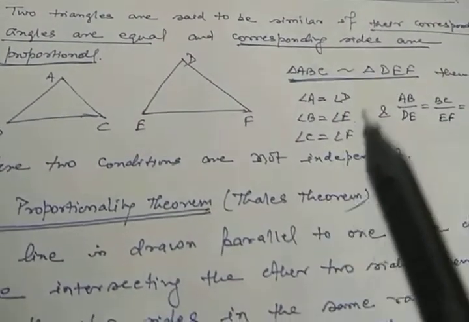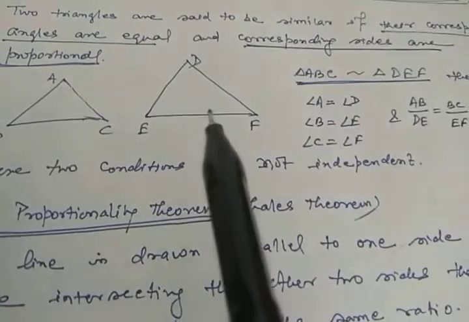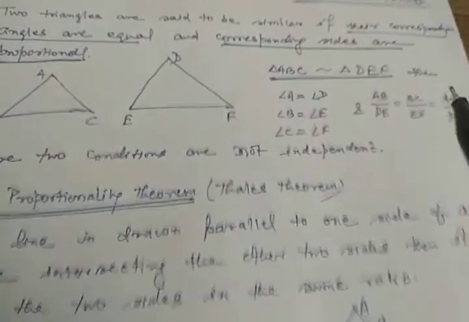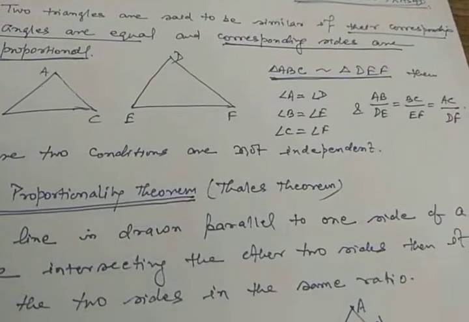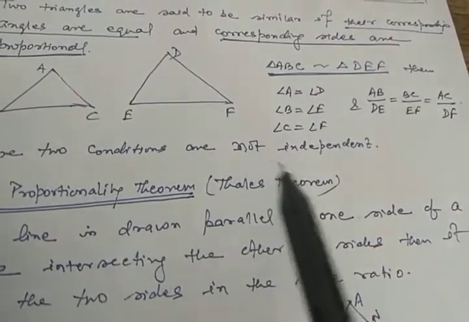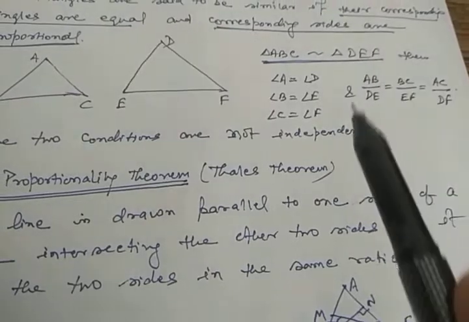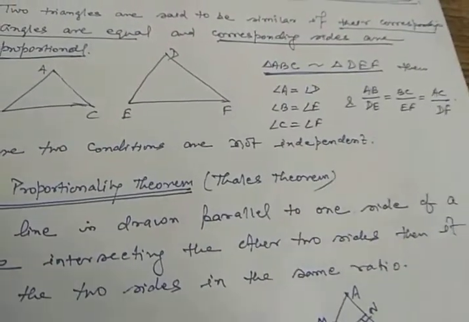If corresponding angles are equal, even then the triangle is similar. In other ways, if the sides are proportional, even then the triangle will be similar. We will learn later on. In case of similar triangles, we can prove that this is the condition AAA and this is the condition SSS, similarity conditions. Is it clear?